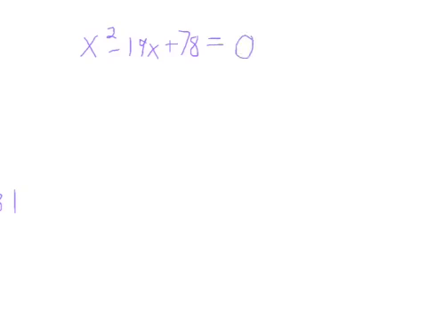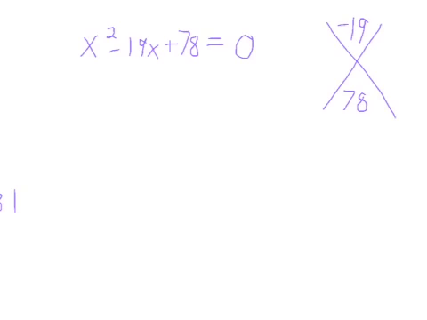So now we need to factor. So we're going to make the big X, and we need to come up with two numbers that multiply to 78, but they add to negative 19.